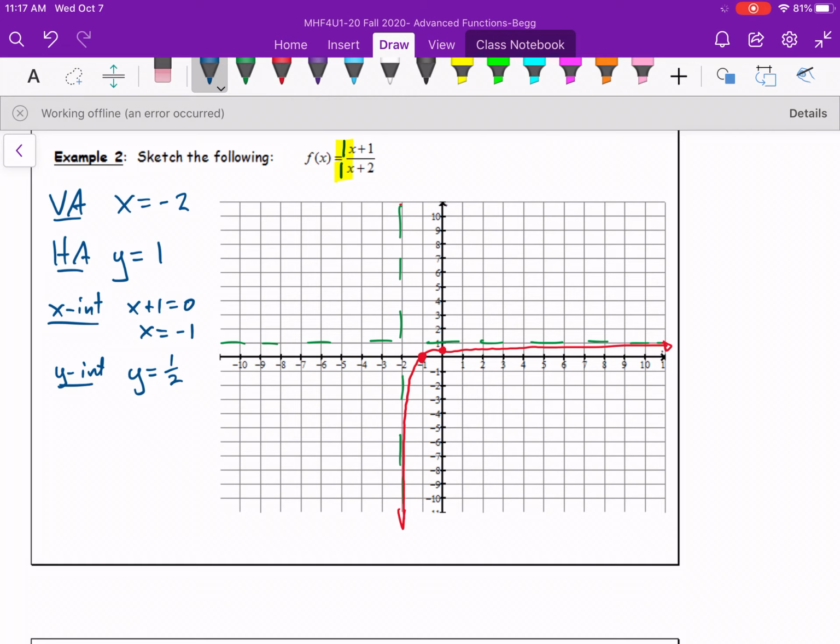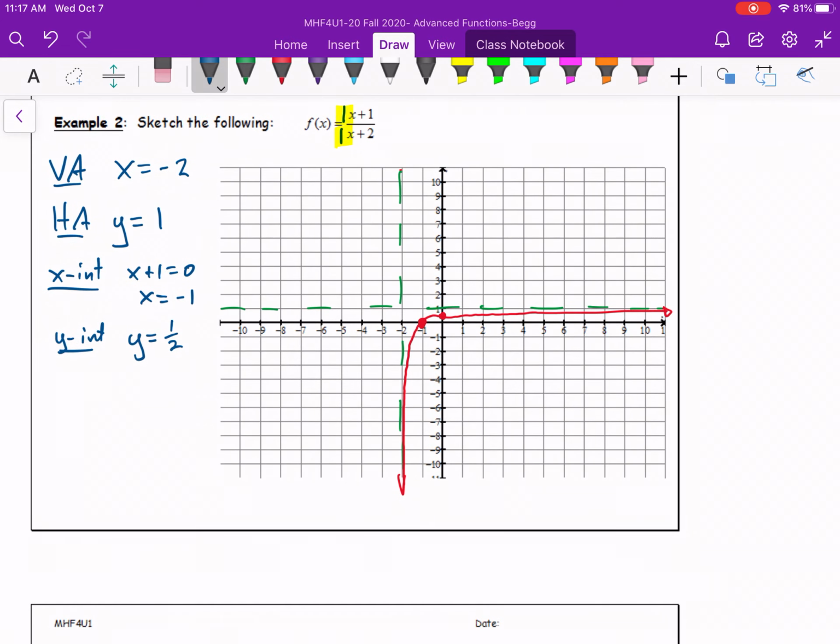But if I want to really be sure, then of course I could pick an x value that might be down there. So maybe I'd pick -3 for an x value just to do a test point. Then I'd get -3 plus 1 over -3 plus 2. And I would end up with -2 over -1, which is positive 2. So I'd have the point -3, 2. I'd have this point, and yes, that is what I was expecting. I think it's safe to draw the rest of the graph.